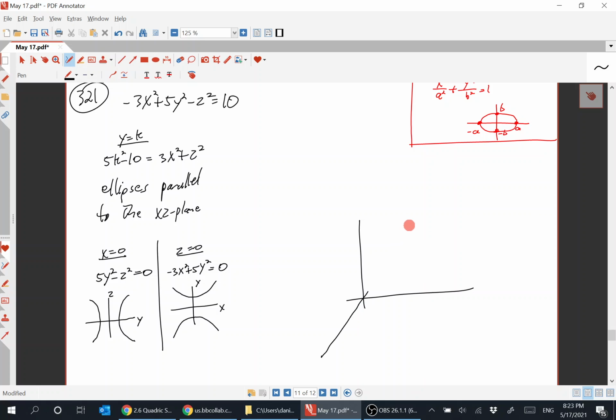So here are the ellipses in the YZ plane. So that's the y-axis, and that's the negative y-axis. And then I also have over here in the xy plane, but I'm not going to draw that. And then we're going to have, these don't look the same at all, do they?